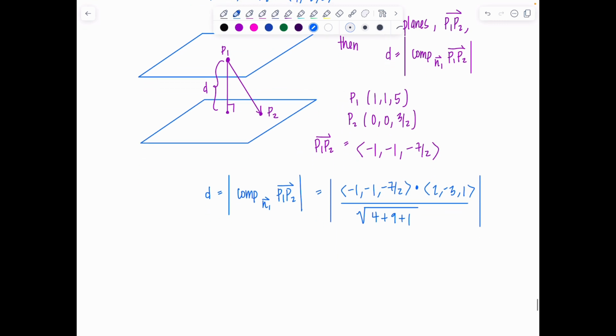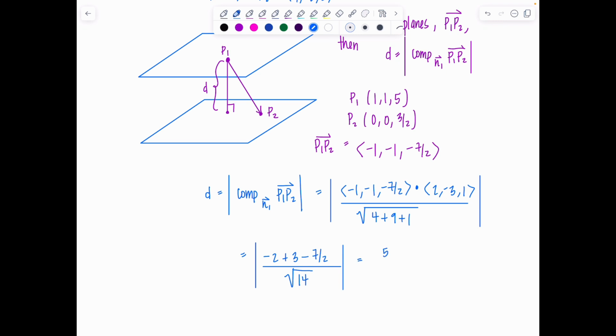This dot product's going to give me, in the numerator, negative 2 plus 3 minus 7/2 over the square root of 14, yes? So that's going to be, this is negative or positive 1, so 2/2 minus 7/2 is negative 5/2.